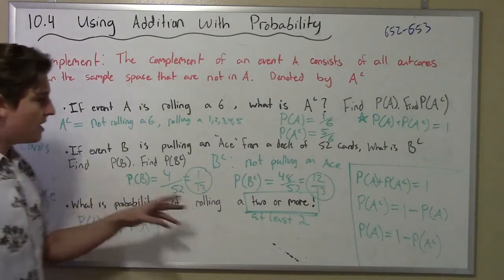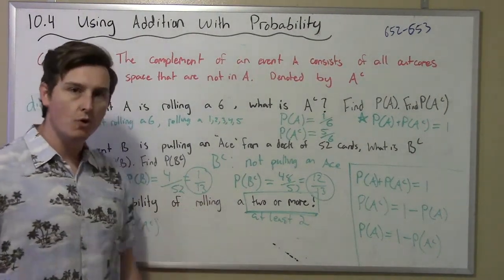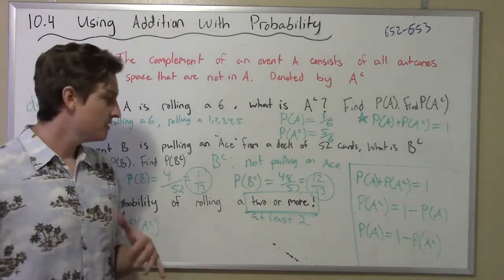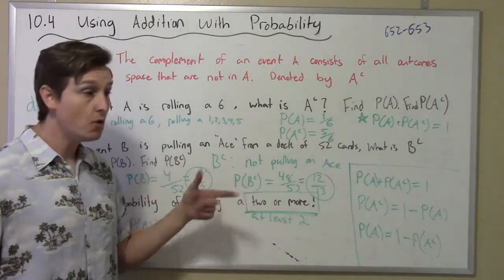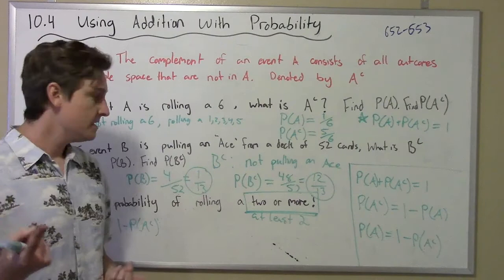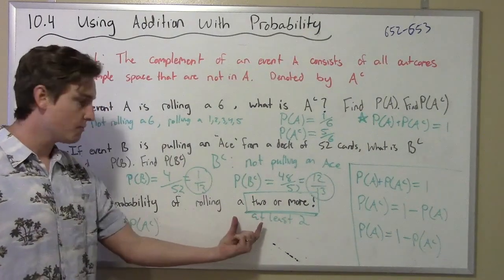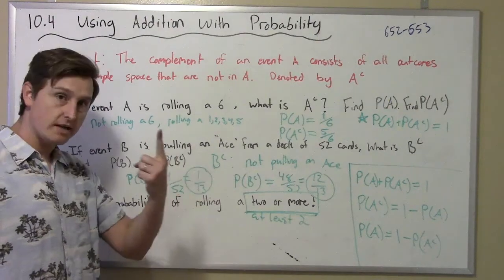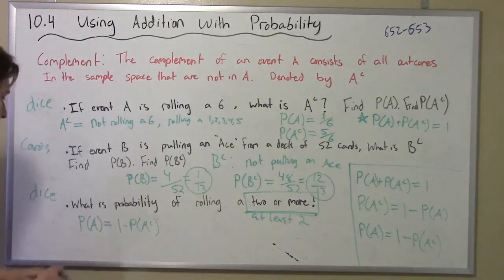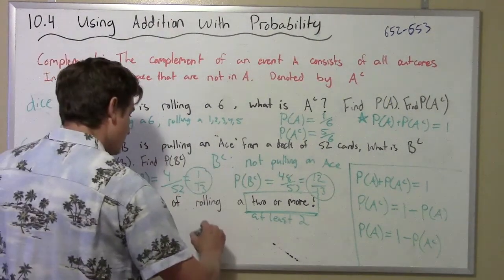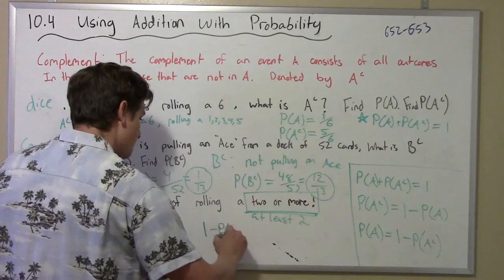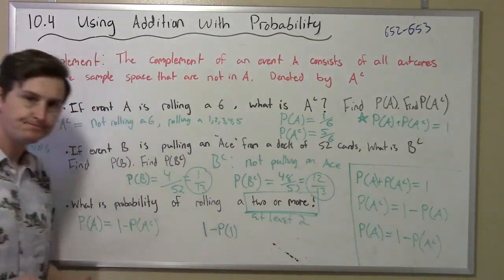So what is the complement of rolling a 2 or more? What's the other outcome, besides 2, 3, 4, 5, or 6? The only other outcome is rolling a 1. So the complement of this event, 2 or more, is 1. So what I could do is say 1 minus the probability of rolling a 1.